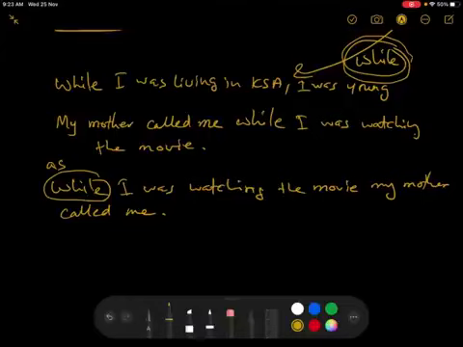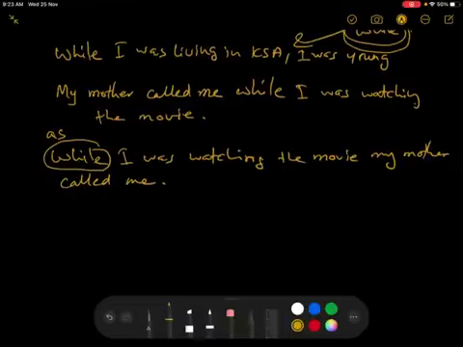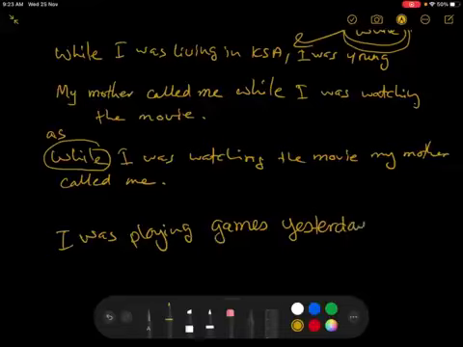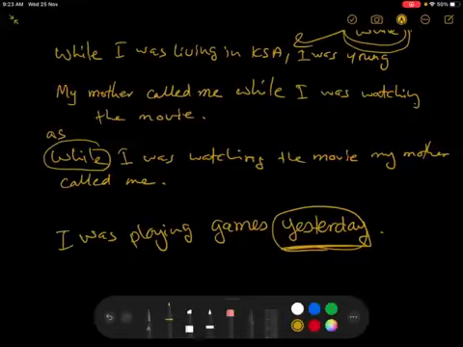That's all about past continuous. Let us give another example. I was playing games yesterday. So what is the meaning here?